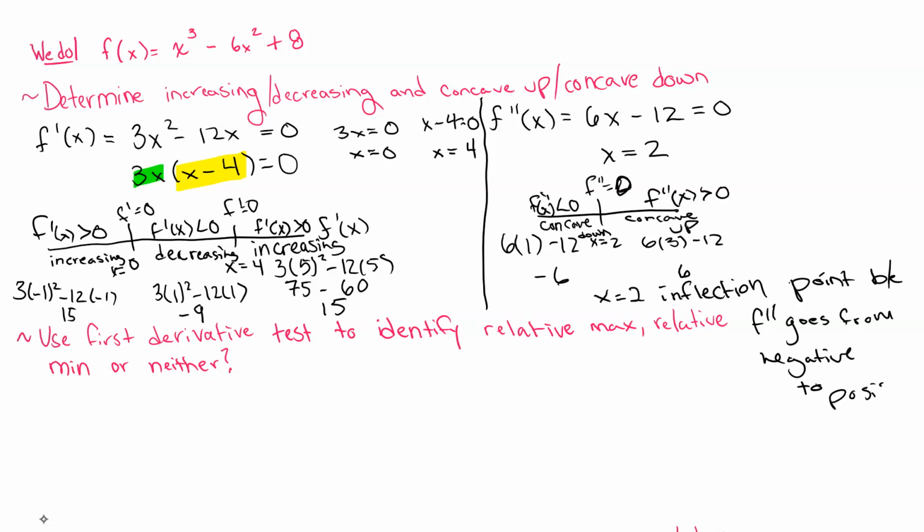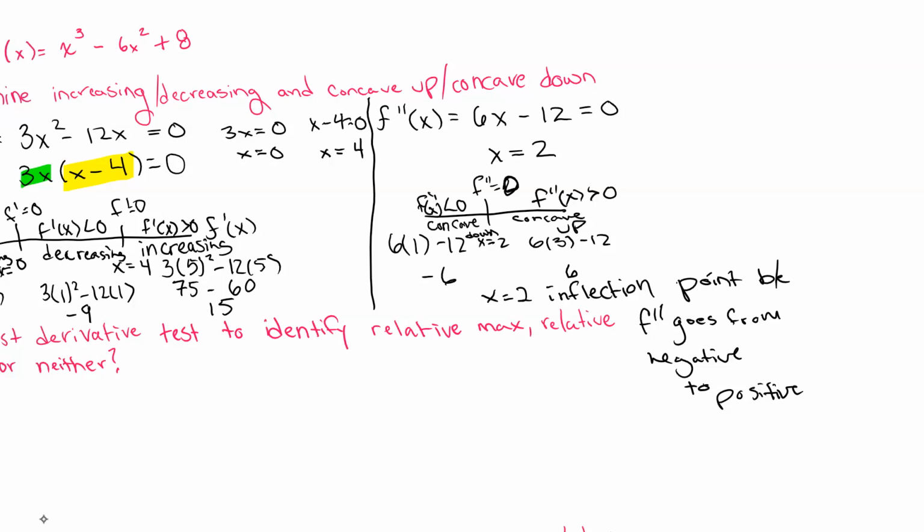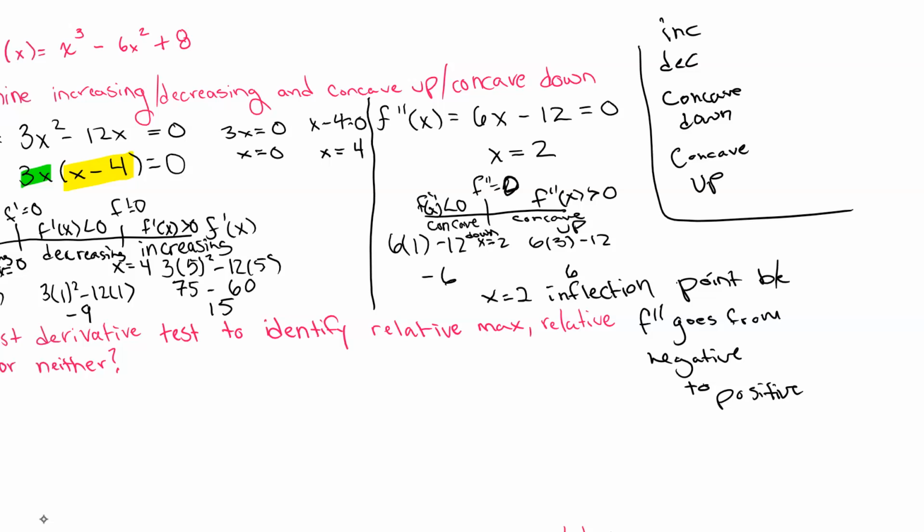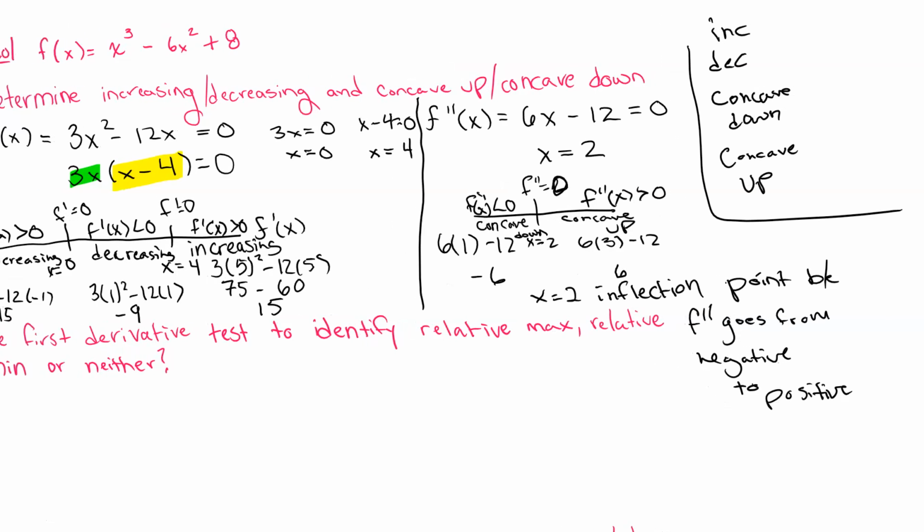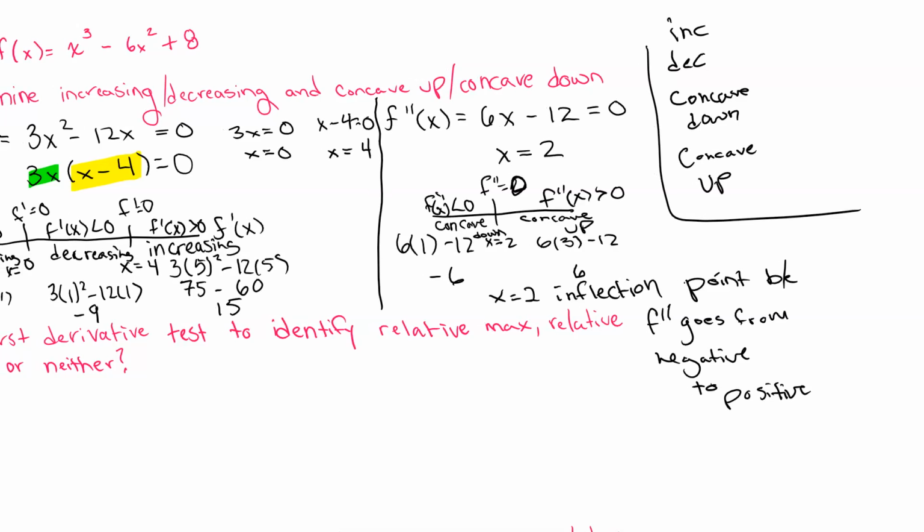All right, now we're ready to write our intervals. So I've got increasing, decreasing, concave up, and concave down. So looking at our first derivative line over there, we have everything to the left of 0 is increasing, because it's got a positive first derivative, so negative infinity to 0.